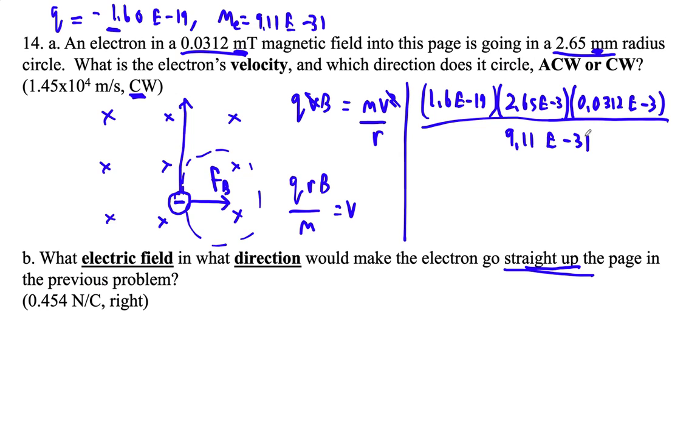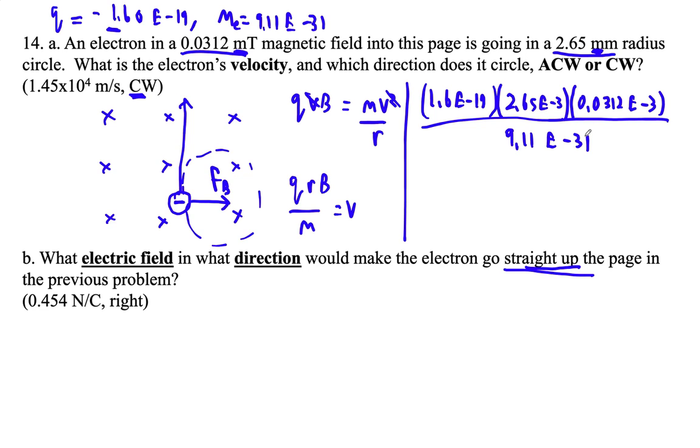I've got 9.11, and then I go 2.65, and then this guy is 10 to the minus third. Don't forget the milliteslas. I did forget the milliteslas.